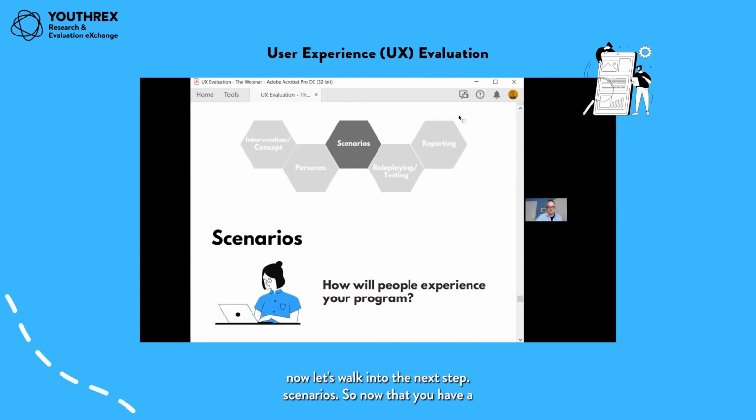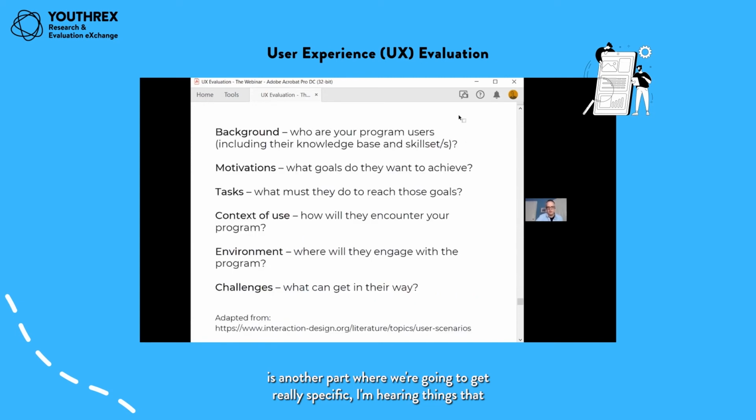Scenarios. So now that you have a person, how will that person experience your program? This is another part where we're going to get really specific. Here are things that might go into your overall scenario.